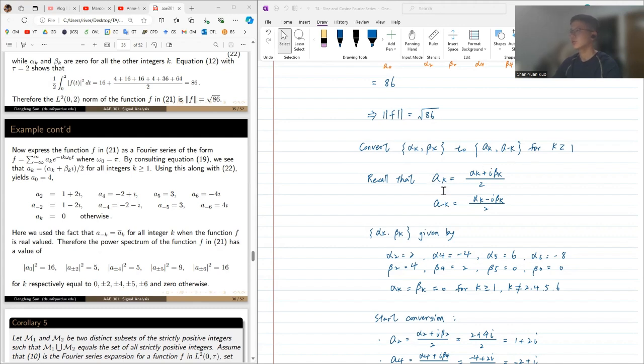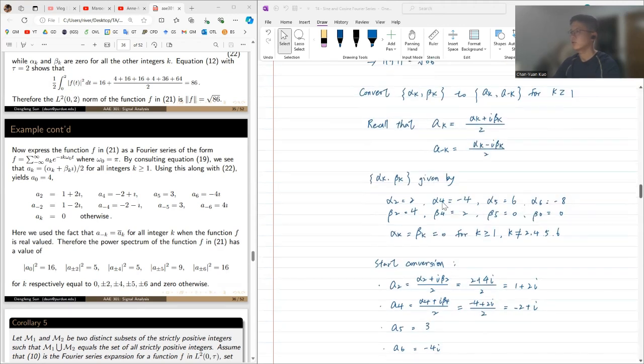First, let's recall that a k is equal to alpha k plus i beta k over 2, and a negative k is equal to alpha k minus i beta k over 2. And we also know that the values of each alpha k and beta k are shown here. Now let's start the conversion process.